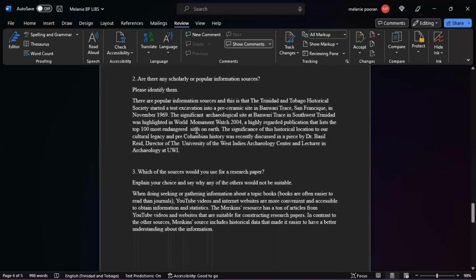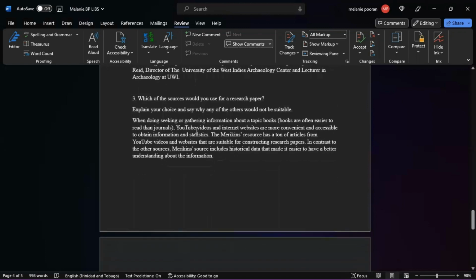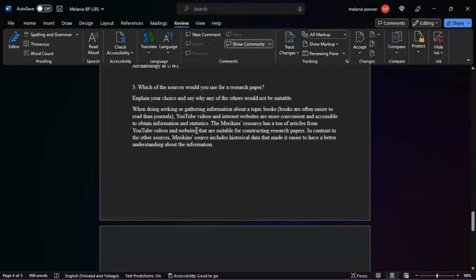Okay, thank you. Which of the sources would you use for a research paper? Explain your choice and say why any of the others would not be suitable. When seeking or gathering information about a topic, I would choose books because books are easier to read than journals.